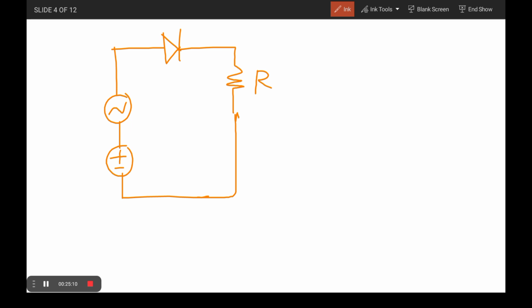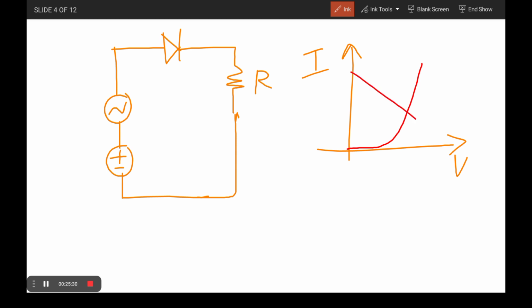The graphical representation, the I-V characteristics of this p-n junction diode, looks like this. It behaves in a piecewise linear format. If you draw the load line for this, you will get a Q point.